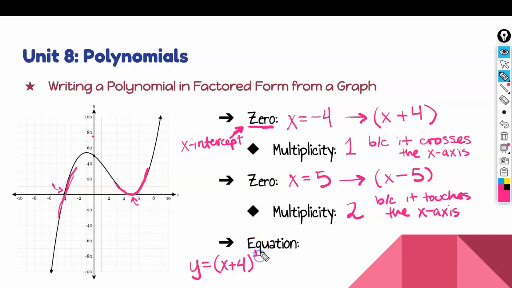If you wanted to, you would put a power of 1, but remember, we don't usually have to show it. Then for my next 0, I've got x minus 5. And since it's a multiplicity of 2, on that factor I put a power of 2. And then that's it. And we're done.